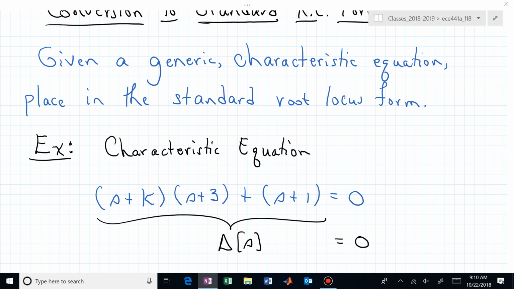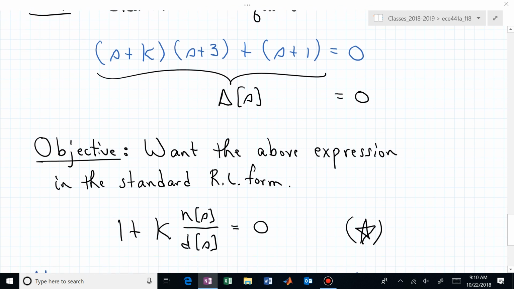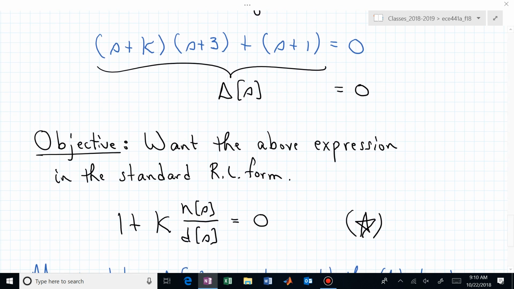For whatever reason, this equation now confronts you. Maybe, well, this would be the denominator expression in a closed loop transfer function. It's now in this form, and we want to put it into the form indicated by star.